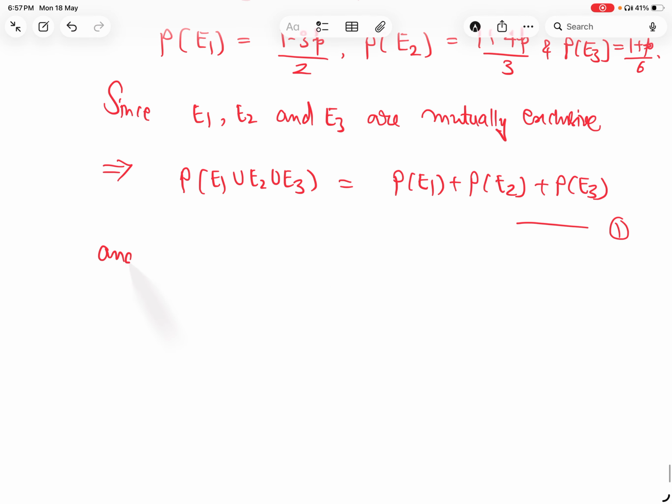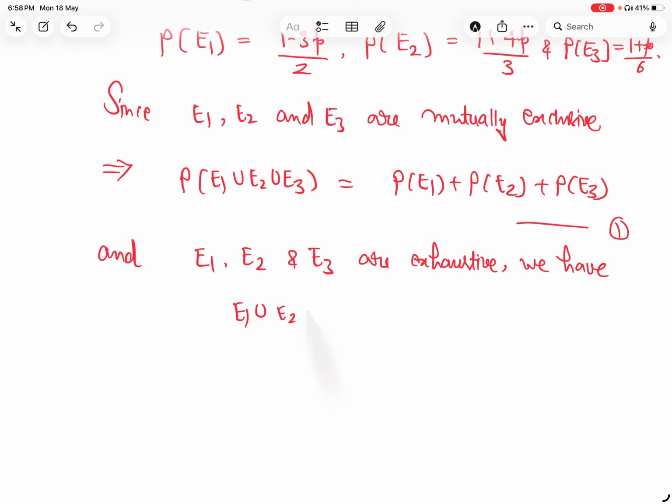And E1, E2, and E3 are exhaustive. We have E1 union E2 union E3 is S, the sample space.